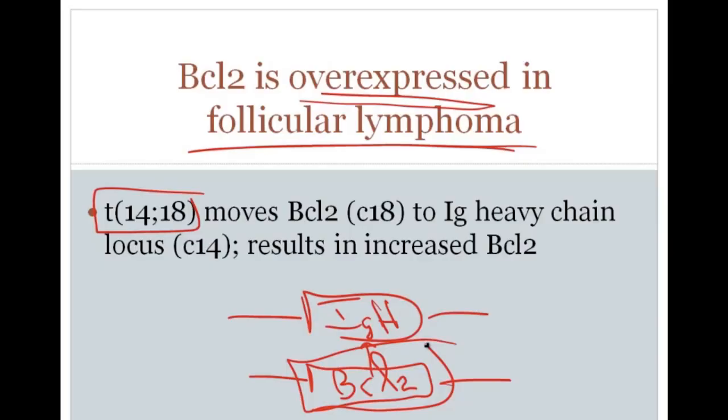And the way by which the lymph node fails the B cell and removes it is apoptosis. So if the B cell is not able to undergo apoptosis in the follicle, it's going to just pile up. And as the B cells pile up, that's going to produce a follicular lymphoma. Okay? And so one of the key features of follicular lymphoma is that the cells are not apoptosing, and the reason they're not apoptosing is because there is a markedly increased BCL2, and so the cells can't apoptose because the mitochondrial membrane is super stabilized.